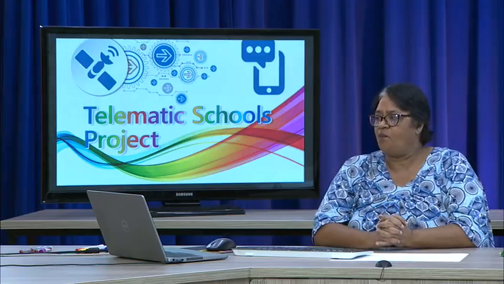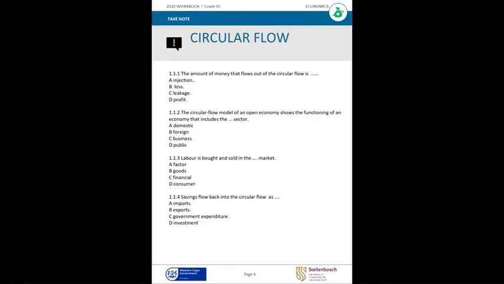So your only correct answer for 1.1.4 would be D, which is investment. Savings flow back into the circular flow as investment, which is D. So for our answers for the circular flow, the letters we are looking for are C, B, A, and D.